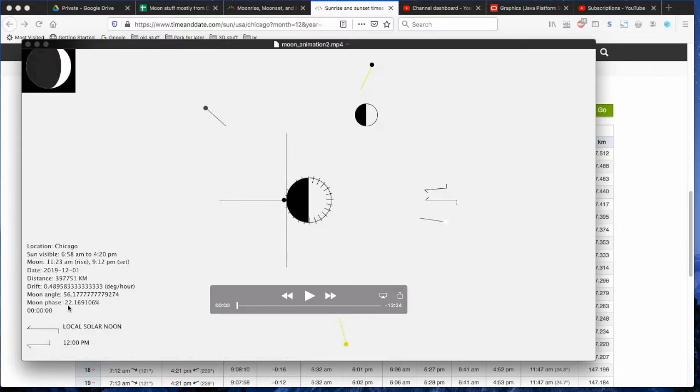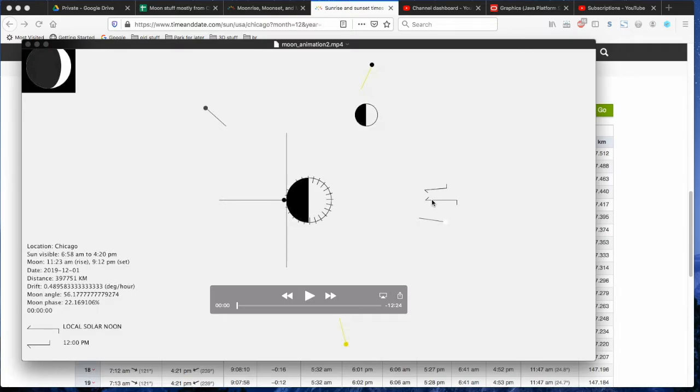The moon phase, the moon angle is calculated in this animation relative to the sun. So from the center of the sun to the axis of the Earth's rotation should represent the 0 degree line.